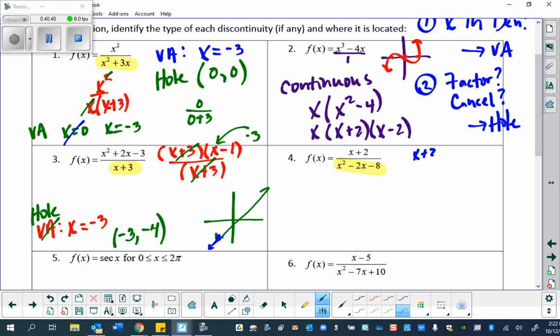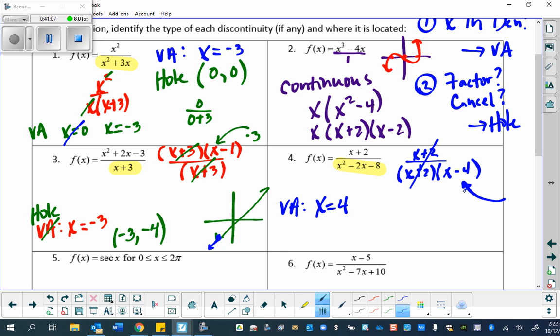x plus 2 over x minus 4 plus 2. Hey, y'all, these are designed to work out, so use some of those hints for your factoring. What I end up with here is my vertical asymptote at x equal to 4, because that's where my denominator equals 0.